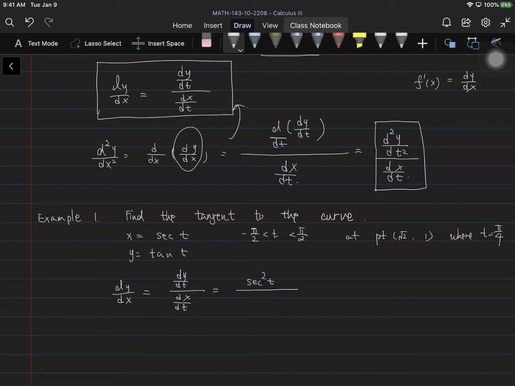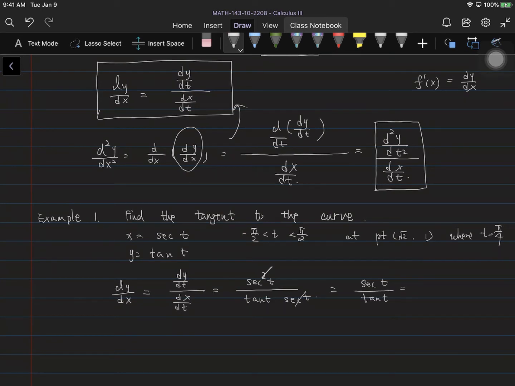And dx/dt is the derivative of secant, which is secant t tangent t. Now we simplify; we can cancel one secant. So this is secant t over tangent t.